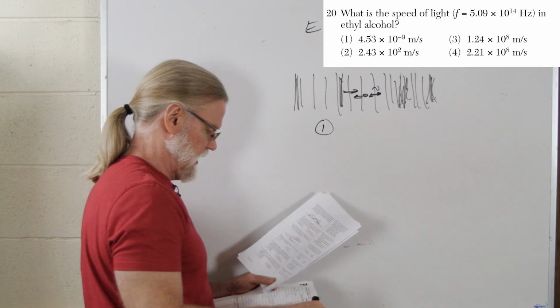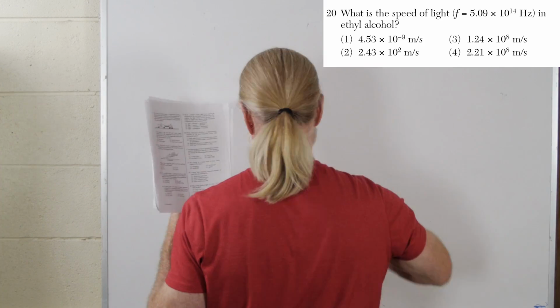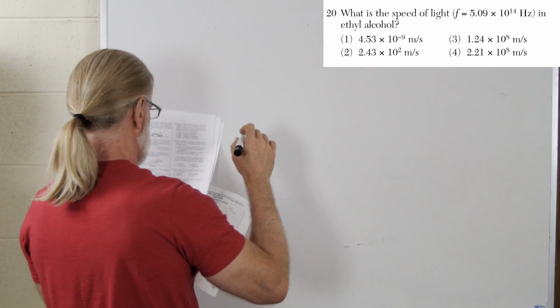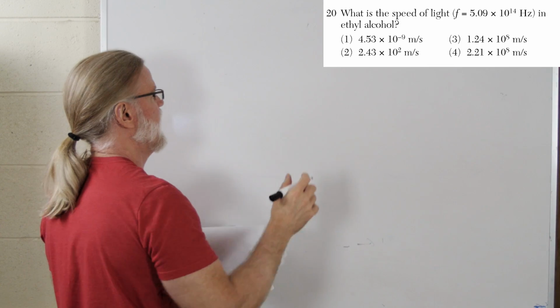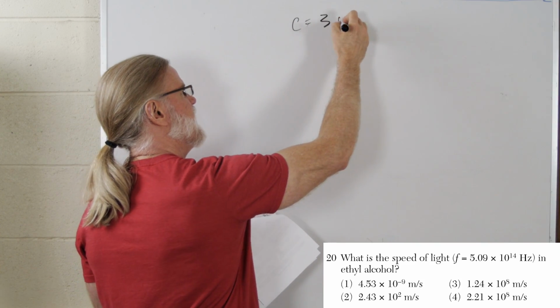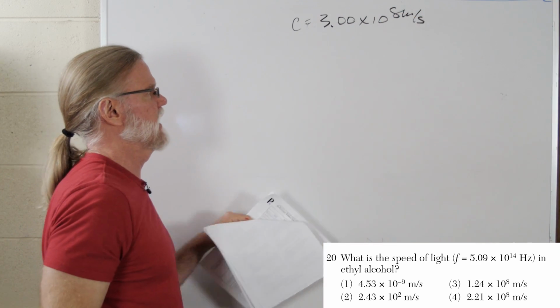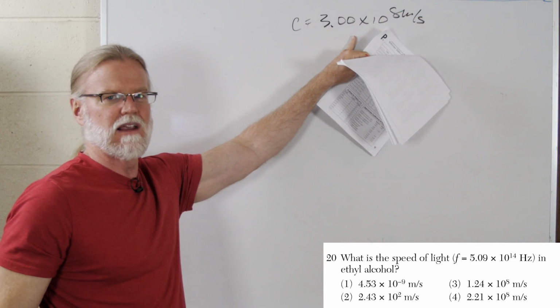What is the speed of light in ethyl alcohol? All right. So remember, we have the speed of light in a vacuum. All forms of electromagnetic radiation travel at this speed in a vacuum.